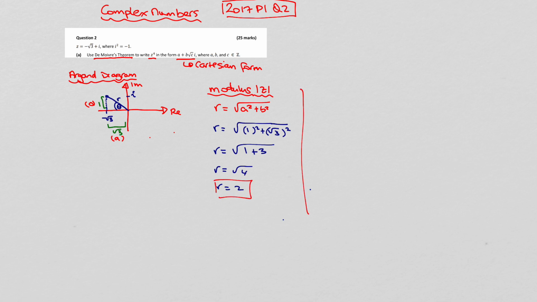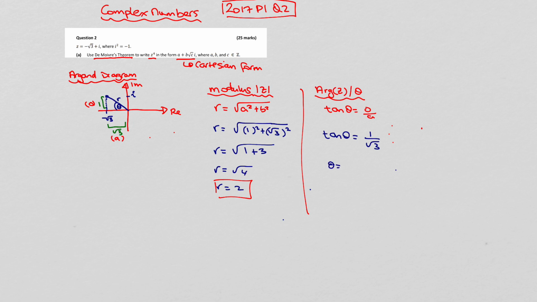So if I look at the angle then, the arg of z is often referred to as the angle. Well, I have a right angle triangle, and I have the opposite side and I have the adjacent side. So to find the angle, we use tan theta is the opposite over the adjacent. So if I sub in my values, my opposite is 1 and my adjacent is root 3.